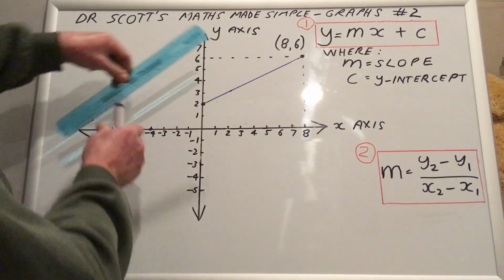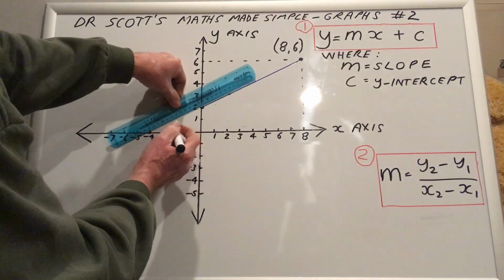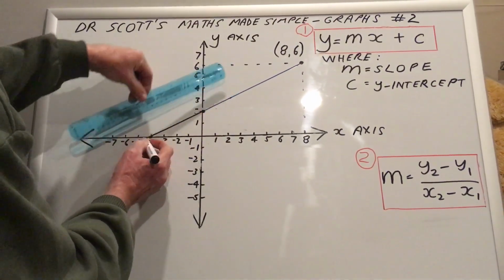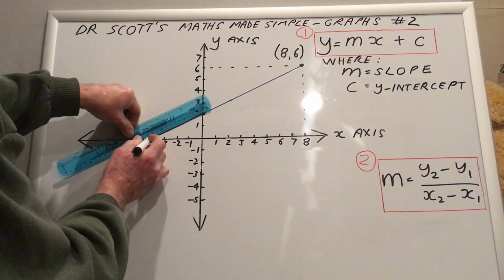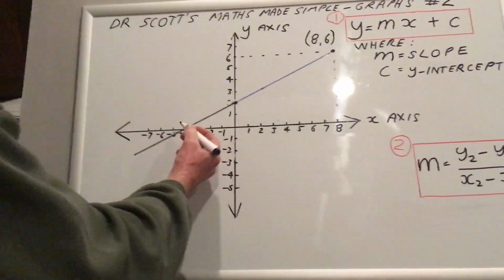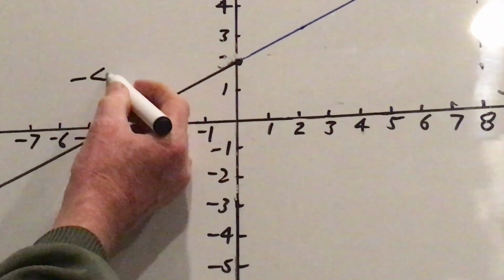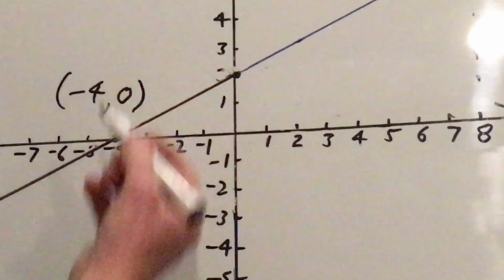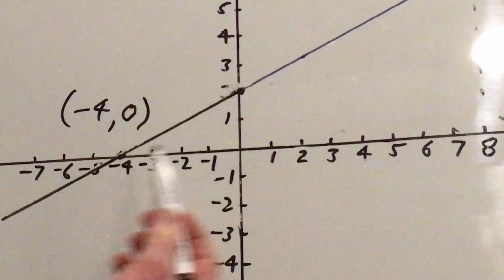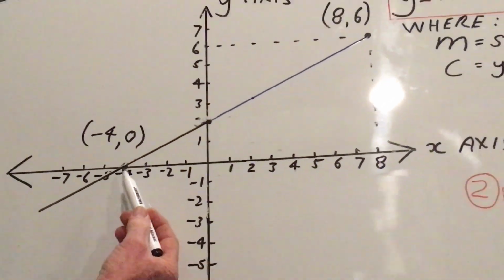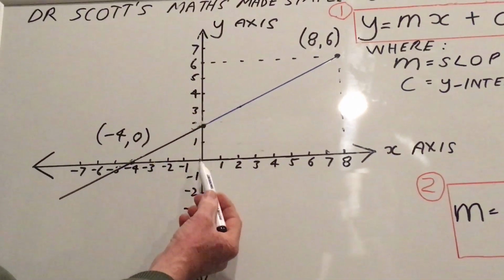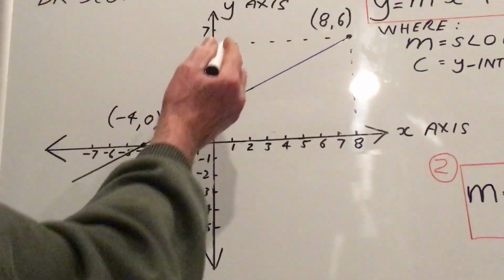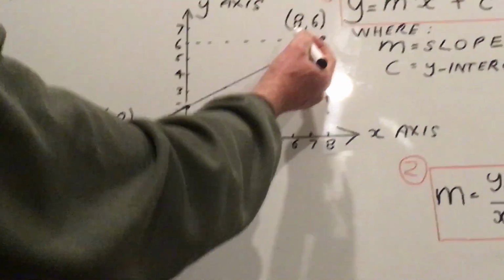Let's say we're only given two points on a line. It crosses the x-axis at -4, 0, where -4 is the x and 0 is the y. So this point is -4, 0, and this point is 8, 6.